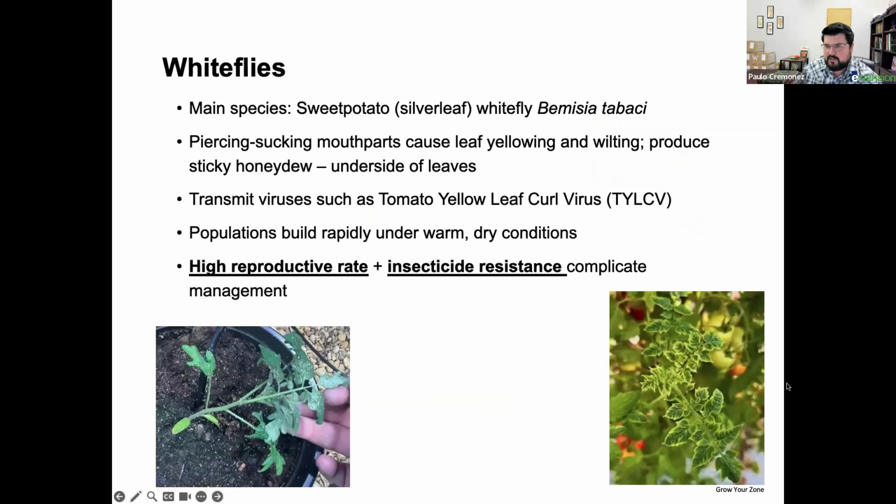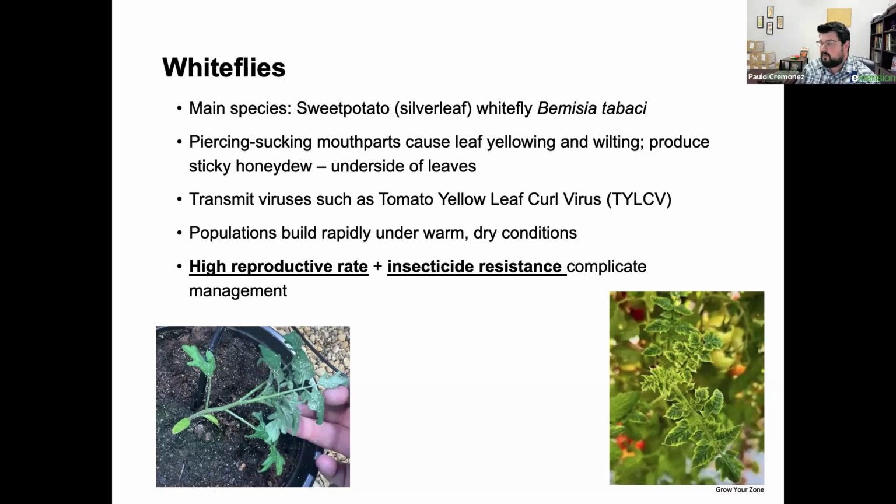Jumping on to whiteflies. Whiteflies are more of a problem in hot and dry situations, especially in southern Alabama. The main species is absolutely the sweet potato whitefly, also known as the silverleaf whitefly, especially for squash growers. They have piercing, sucking mouthparts.